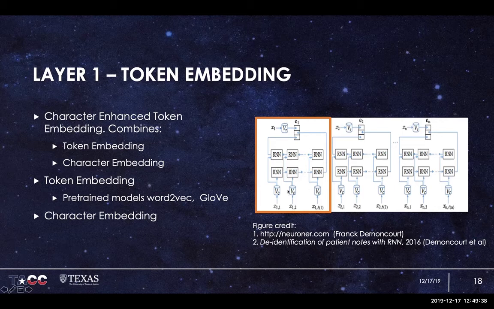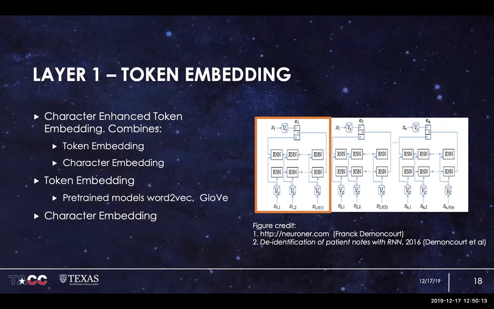And also they feed the same token right here into a token embedding. So they have a pre-built model like Word2Vec or GloVe that are embedded. I think they use spaCy as well internally, and spaCy ships with these two pre-trained models. These are pre-trained models on bodies of text found on the internet, like, say, Wikipedia or a collection of plain text.